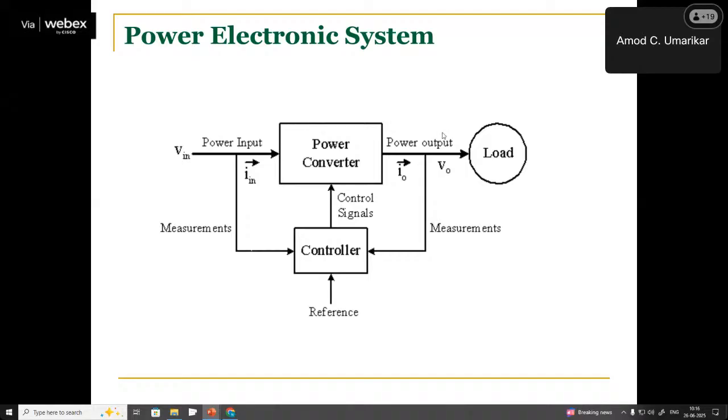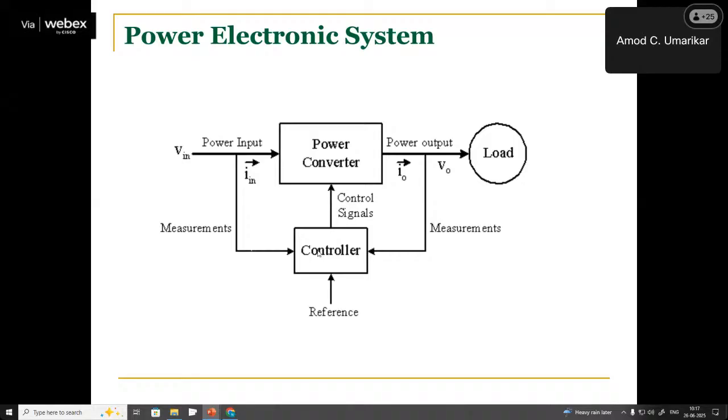So this is a general block diagram of any power electronic system where you have a power input. V in can be AC, DC, anything. Then this is the power output. V naught can be DC, AC, anything. In this, there is a power converter which processes the electrical power.